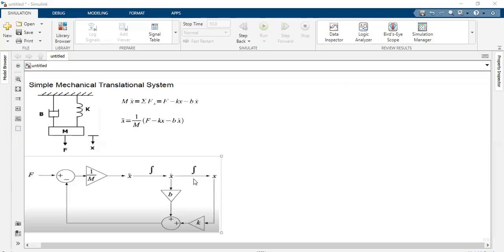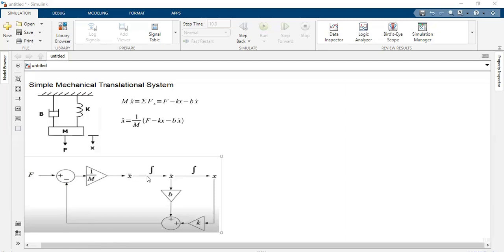X dot, if it is integrated, we will get x. Now we have to subtract the summation of these two from the applied force. So we take the sum of bx dot and kx, and give it to a summing block where F is given with the plus sign and this is given with the minus sign. That should be multiplied by 1 by m to get x double dot.